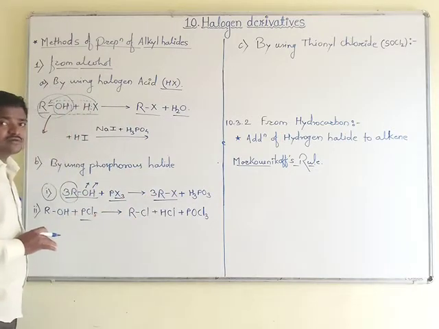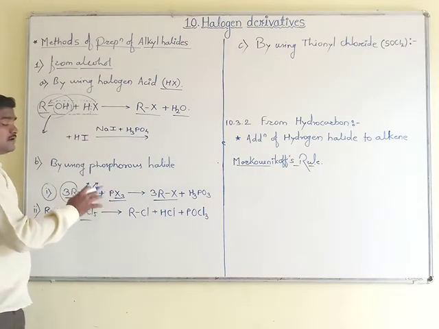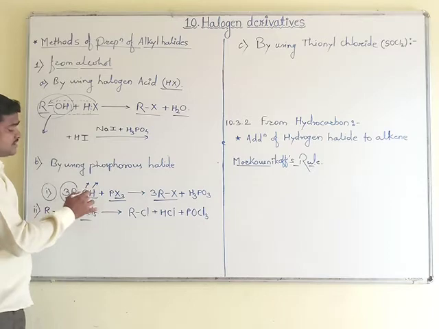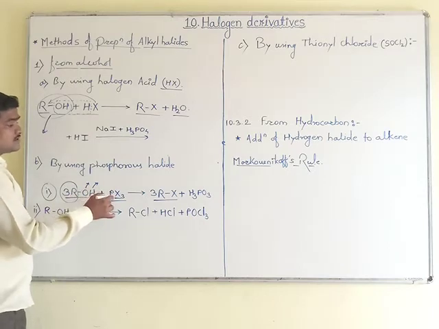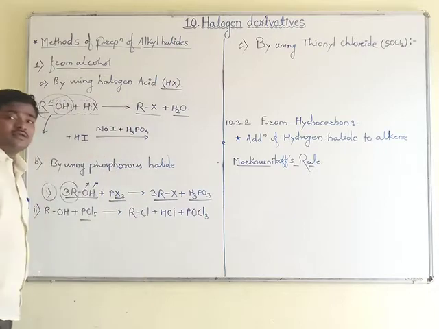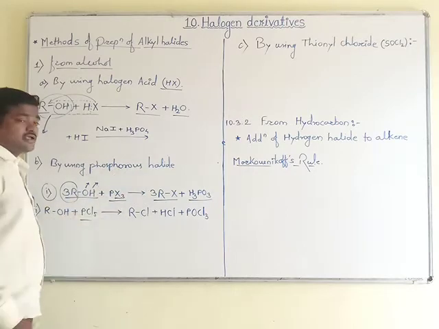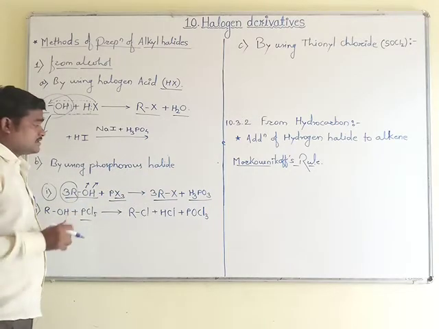The entire reaction is going to be balanced. Okay. And the remaining things, that is H3O3 along with this phosphorus, will form its corresponding H3PO3. Okay, that is phosphorous acid.